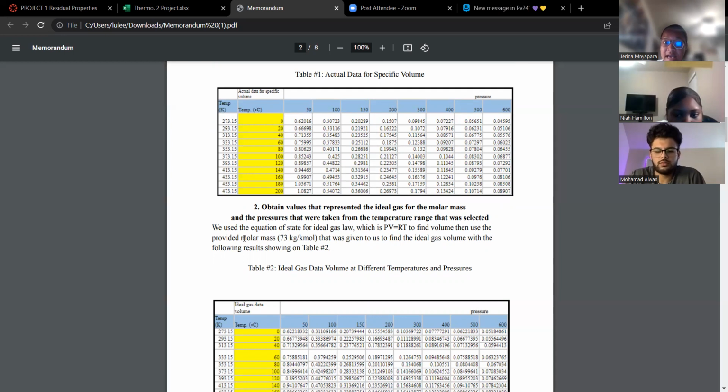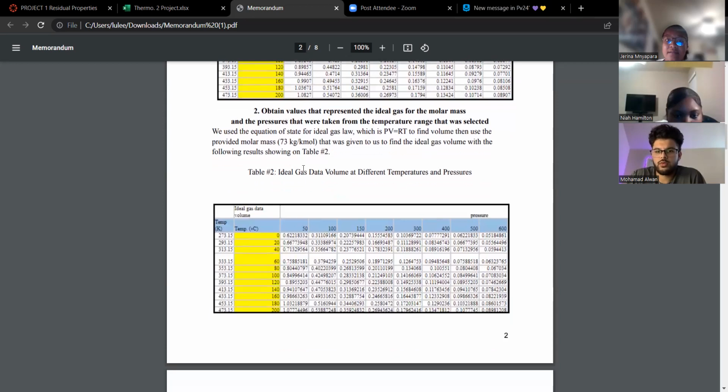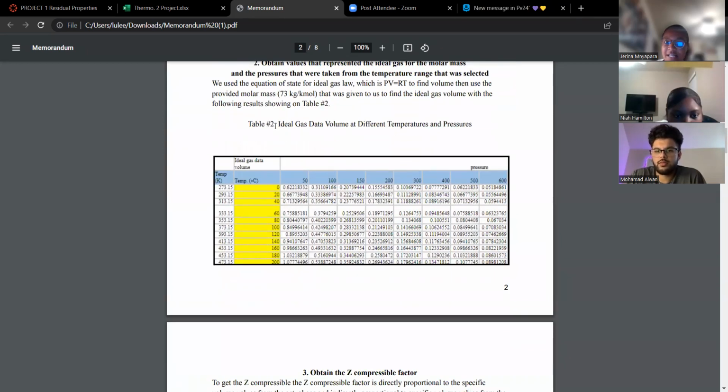Then, with our given molar mass of 73 kilograms per kilomole, we found our ideal gas volume, shown in table 2. Here you can see our ideal gas volume data at different temperatures and pressures.